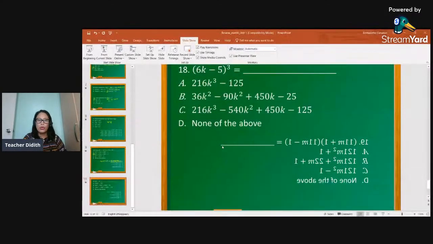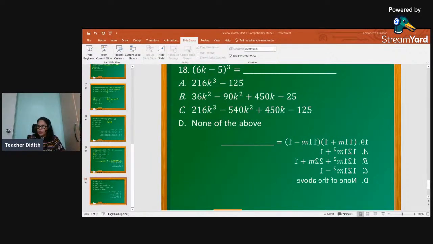Okay. So, cube of binomial. So, I'll give you a few minutes to work on it. Lawrence, did you get it correctly, although you have a different approach in solving for the previous problem?